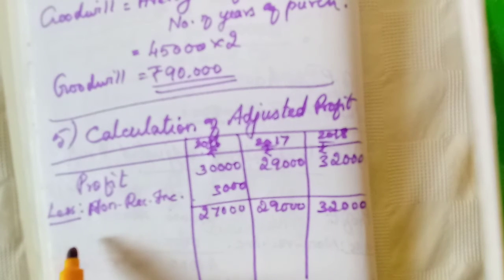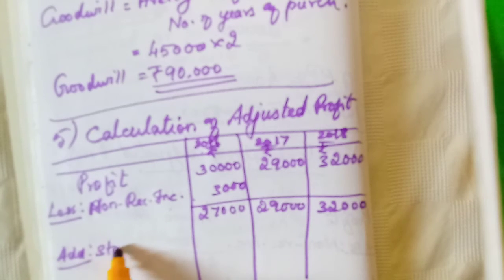Next, C: profit of 17 is reduced by 2,000 due to stock destroyed by fire. So 17 is already reduced, and we need to add that 2,000.